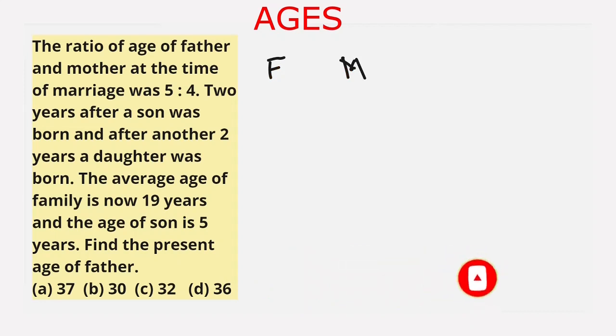The four persons in the family are father, mother, son and daughter. The present age of the son is 5 years and he was born 2 years after the marriage.